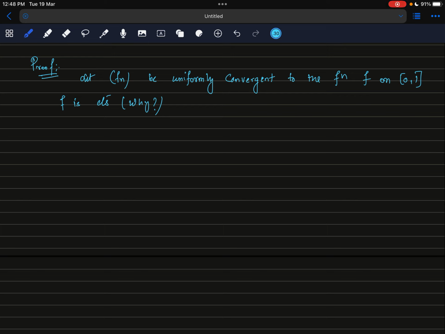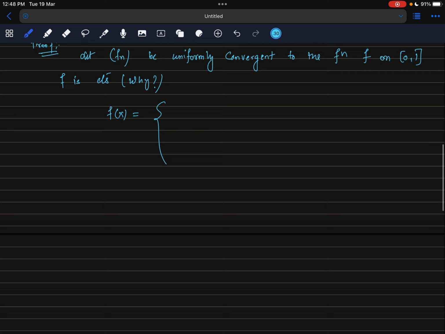Okay, fine. So what would be the limit function f(x)? There are two cases. If x lies in [0,1), then this is 0. Why? Because if x lies in [0,1), then the limit as n tends to infinity of x^n equals 0. What about the point x equals 1? At the point x equals 1, f(x) would be g(1).